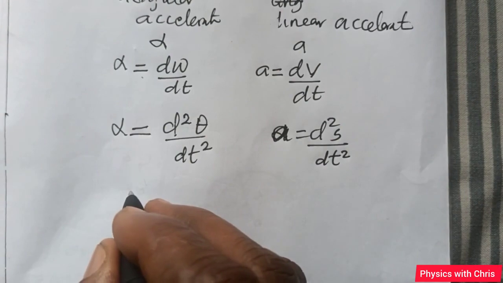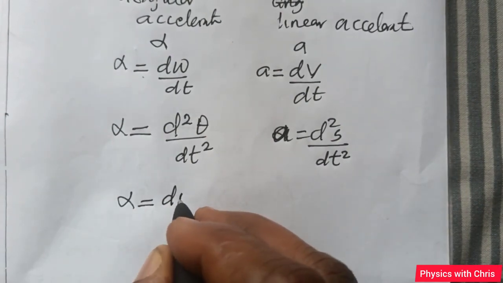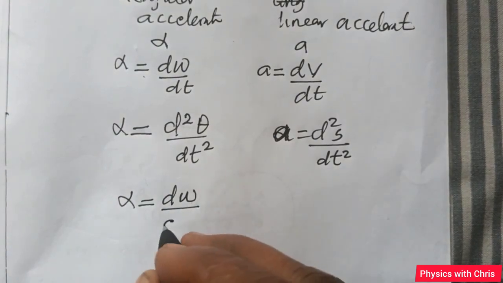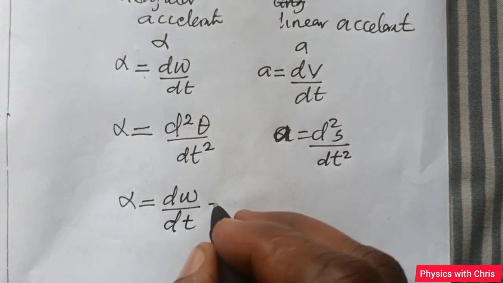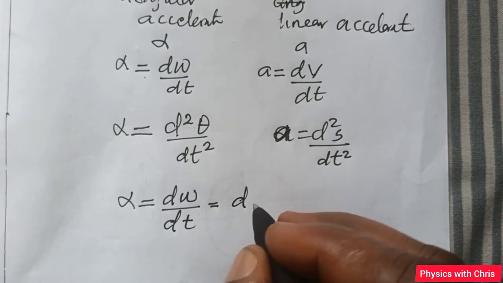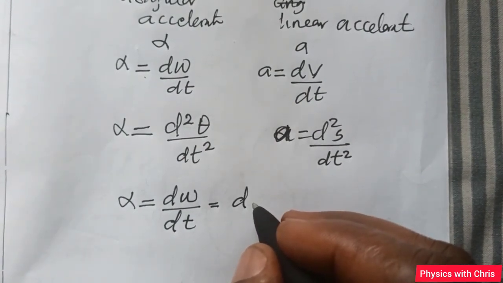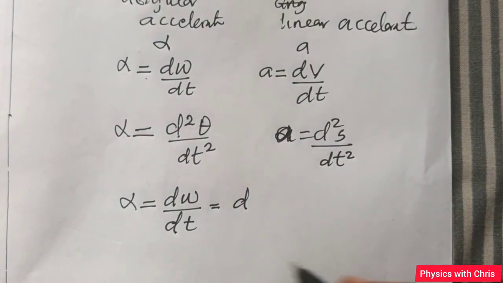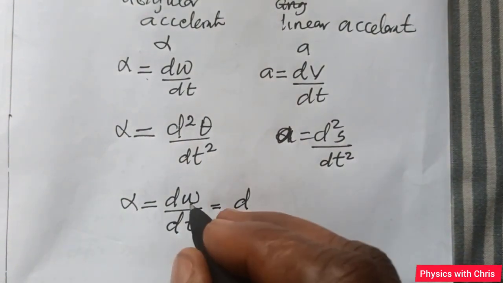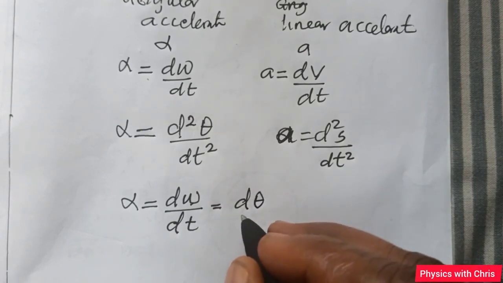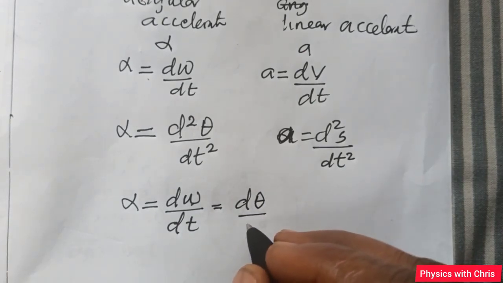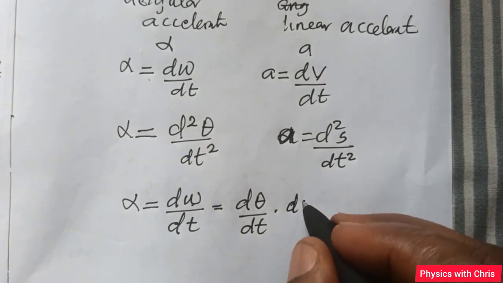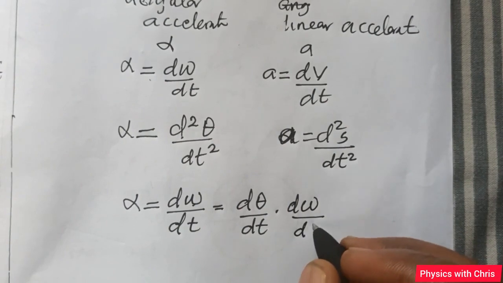Then, of course, you know that this is given by d omega, change in this over change in time, which is also given as, I want to now write down in terms of angular displacement and angular velocity. We can split this into d theta over dt times d omega over d theta.